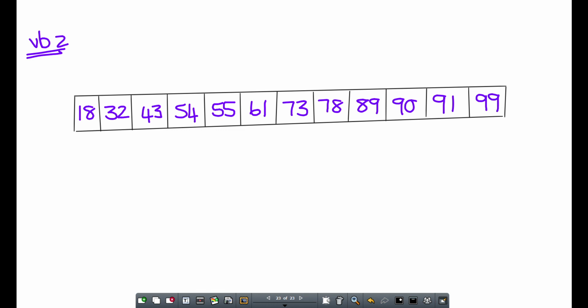Okay, right, so I have got 12 values now. So it's an even number.